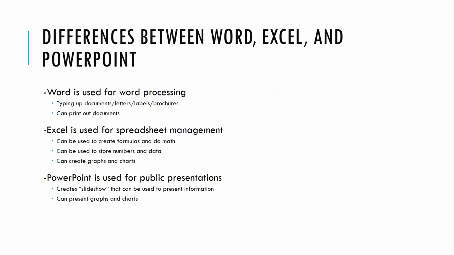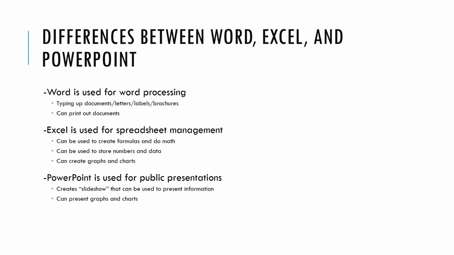Now I've mentioned the three applications we're going to go over, so now we're going to talk about what you would use each of them for. I've laid them out in the order that we're going to discuss them. The first, and I would argue the most important, is Microsoft Word. Microsoft Word is what's called a word processor.